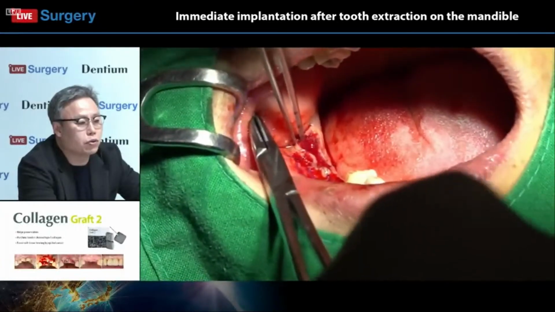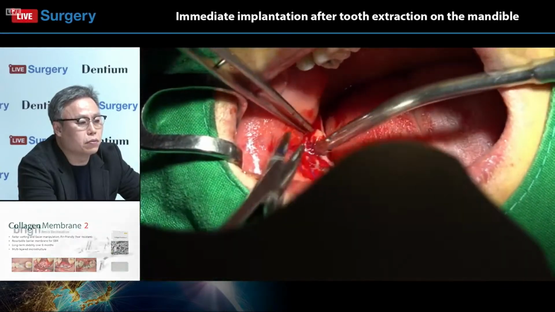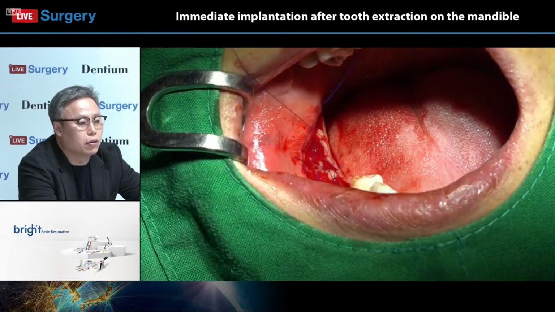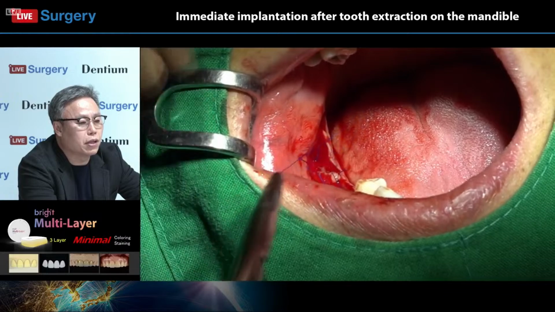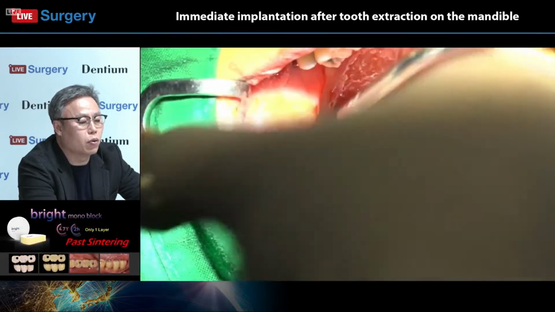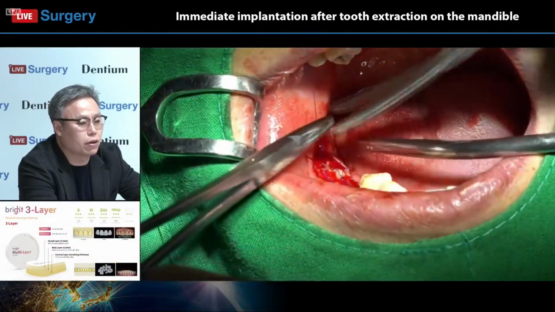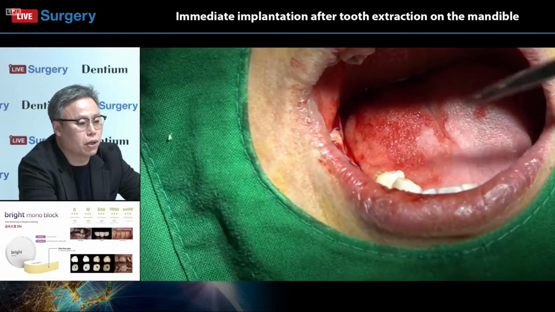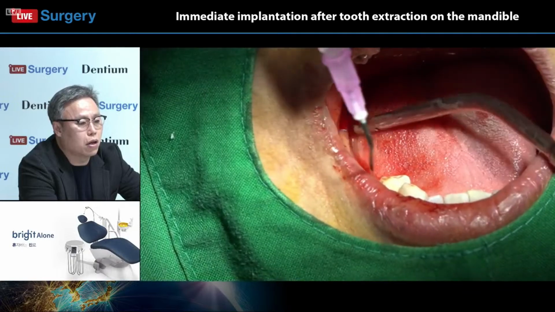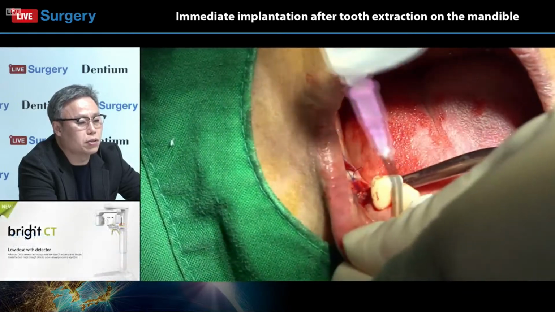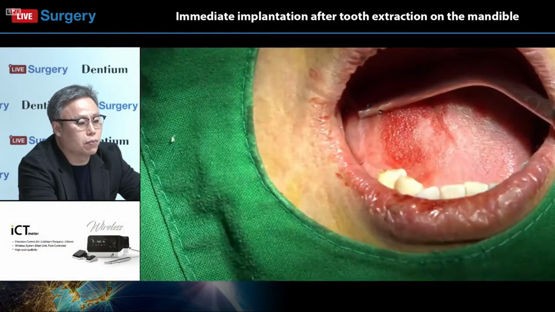Even though he got the primary closure with the flap advancement, he wants to make sure. So he wants to prevent the flap from opening and the bone graft not being secured in position. And also he wants to increase the thickness of soft tissue in that area. That's why he applied the collagen matrix. Or he doesn't want any exposure of the healing abutment. Therefore, he applied the collagen matrix on that side.